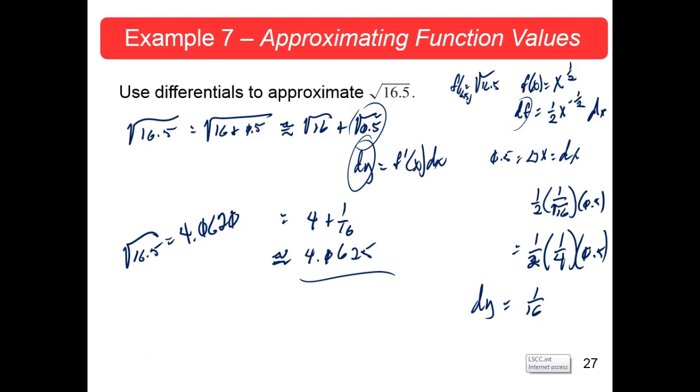It's the square root of 16 plus the dy here, and the dy is f prime dx, where f is x to the 1/2, the square root. We're using 16 with our dx being 0.5. So that would be 1/2 of 1 over the square root of 16 times 0.5, which is 1/2 times 1/4 times 0.5, which is 1/16. 4 plus 1/16 is this. Pretty close. I would say close enough for government work.